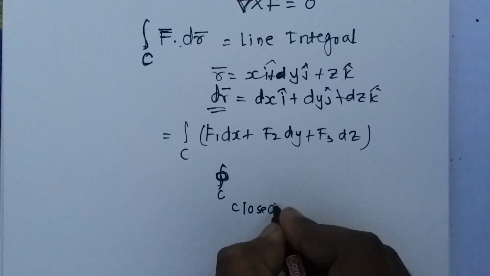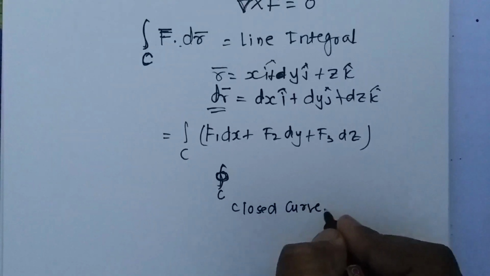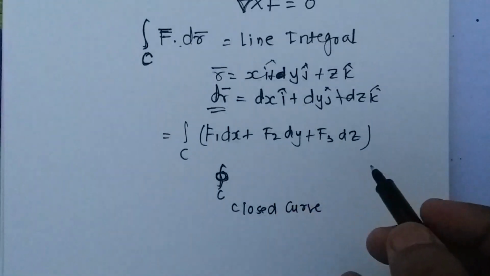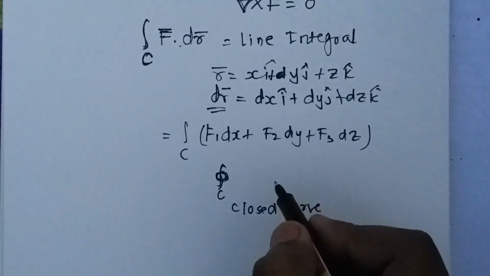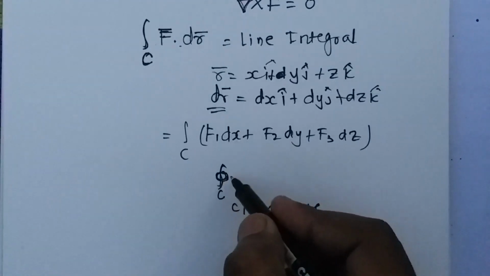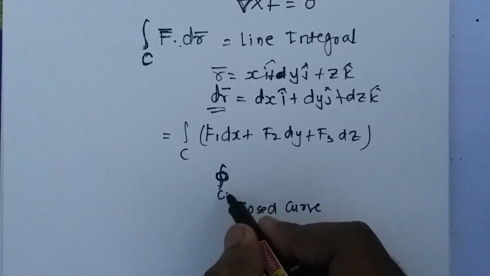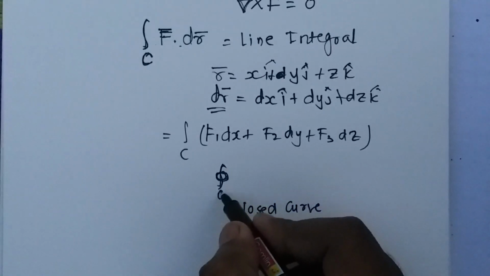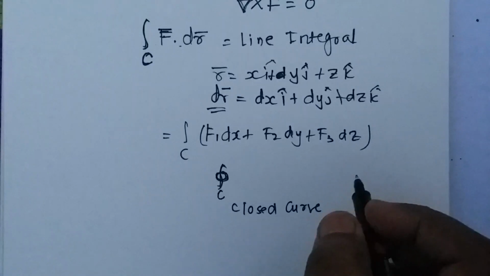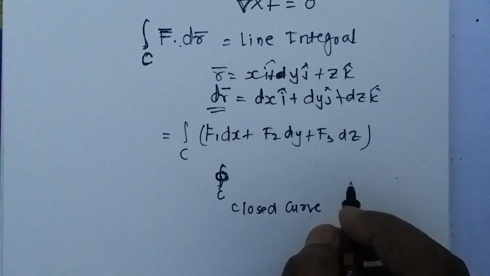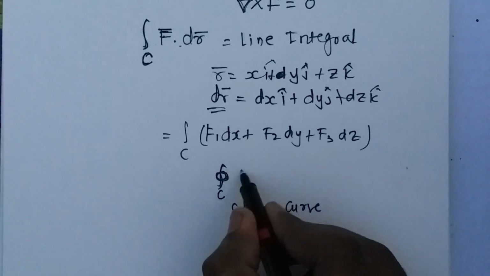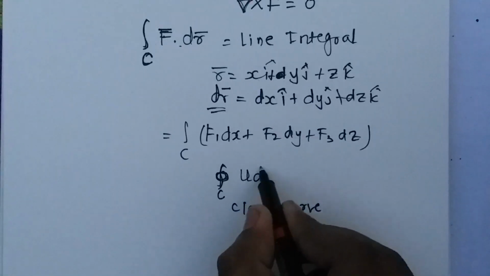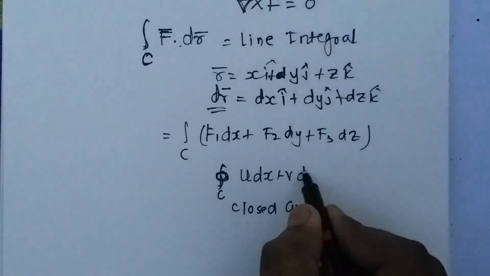Whenever we have a closed region in the two-dimensional space or three-dimensional space, or you can say the given curve is closed, like a circle, rectangle, triangle, etc.